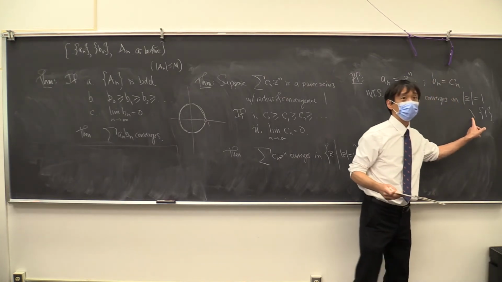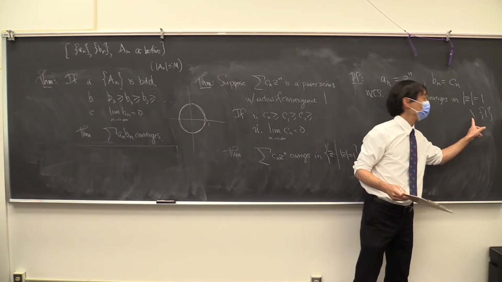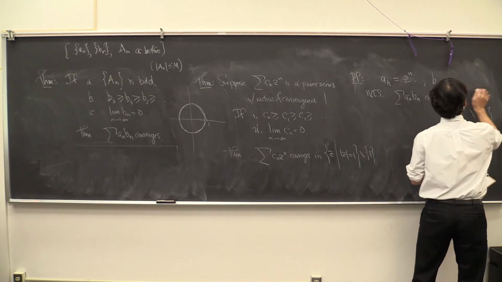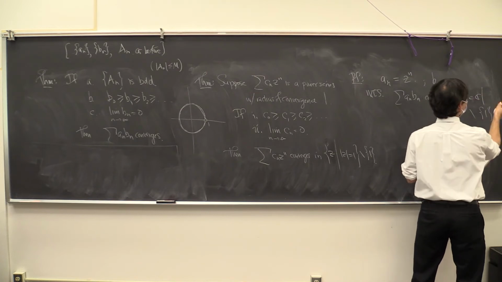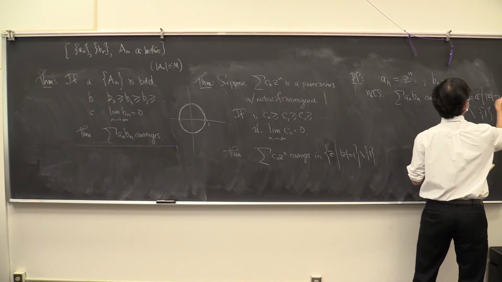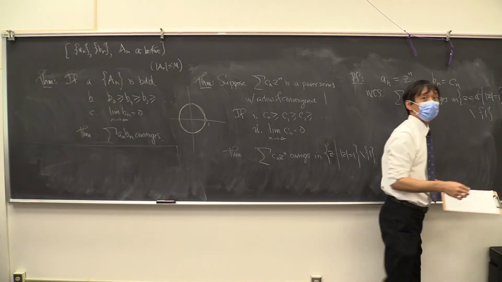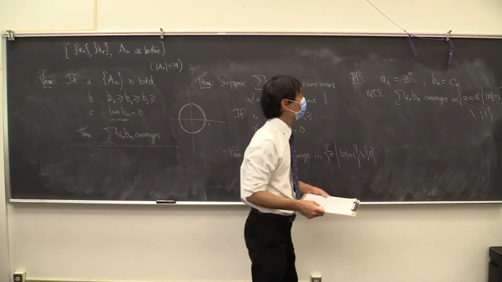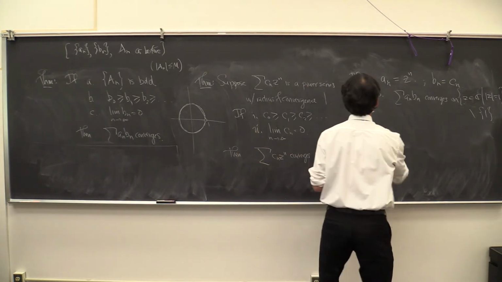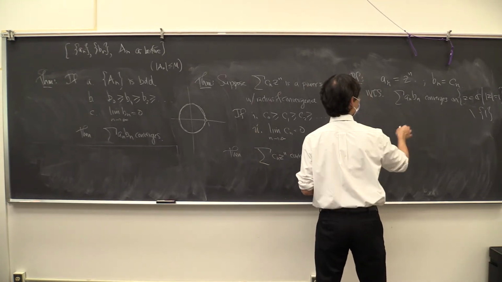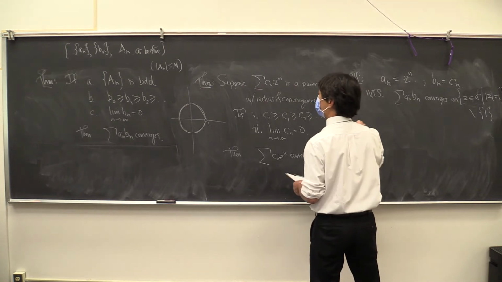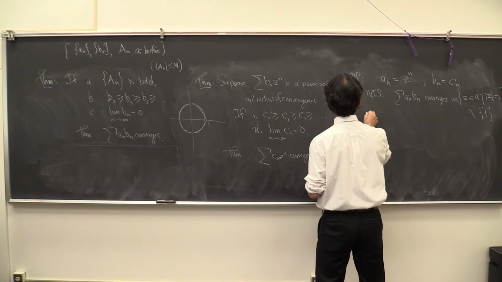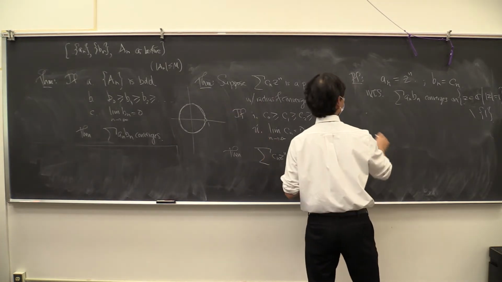This notation means excluding. You have the set of all points in the complex plane whose size is 1, but we throw out 1 itself. So what do we need to do? We need to show that the partial sum is bounded.